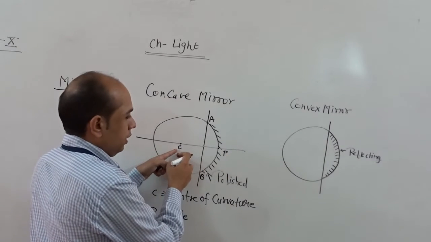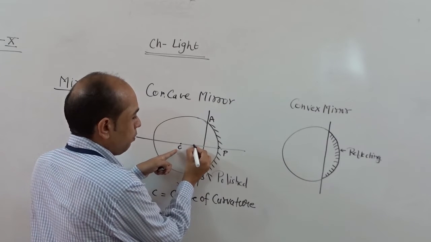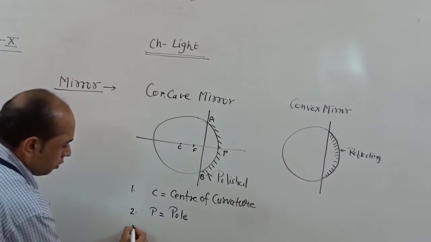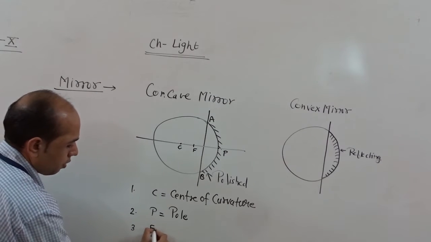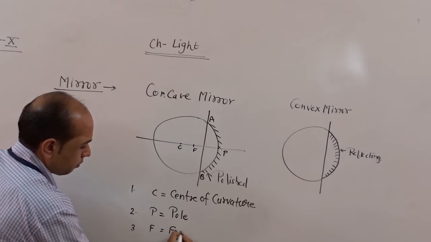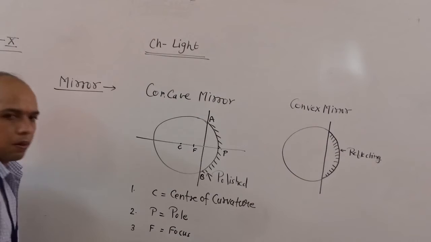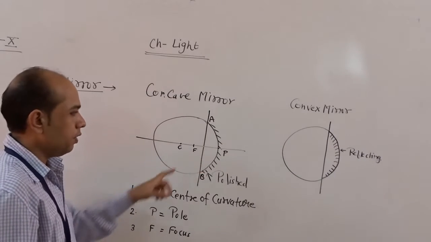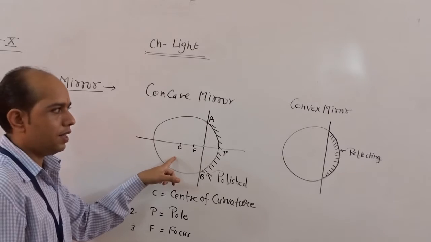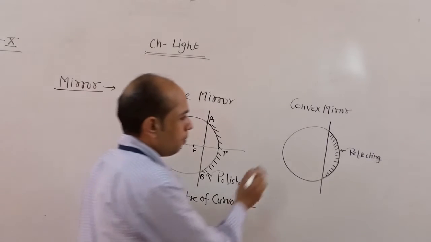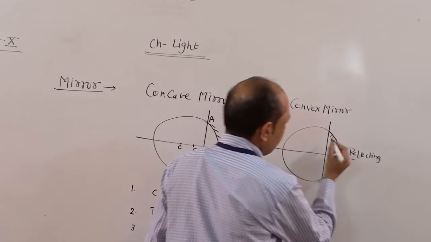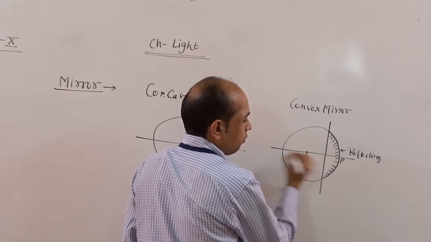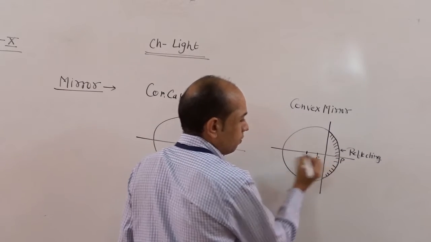Between P and C, if we take one midpoint, this midpoint is F, called the focus. Generally, whenever we draw a ray diagram, we use pole, focus and center of curvature, and the same parameters for a convex mirror too.